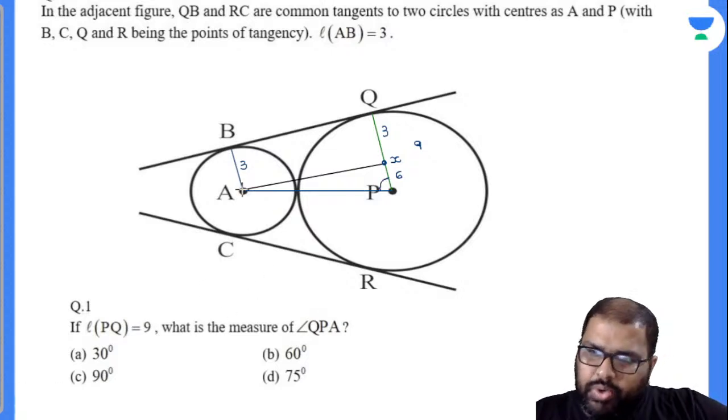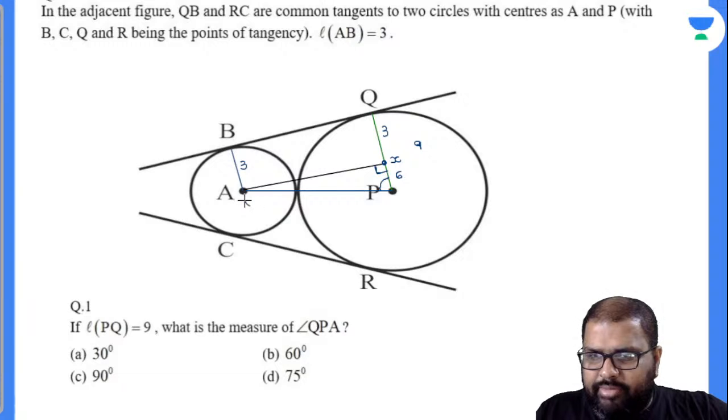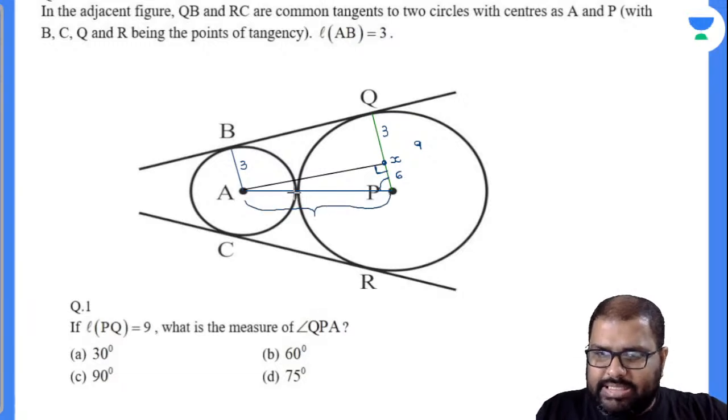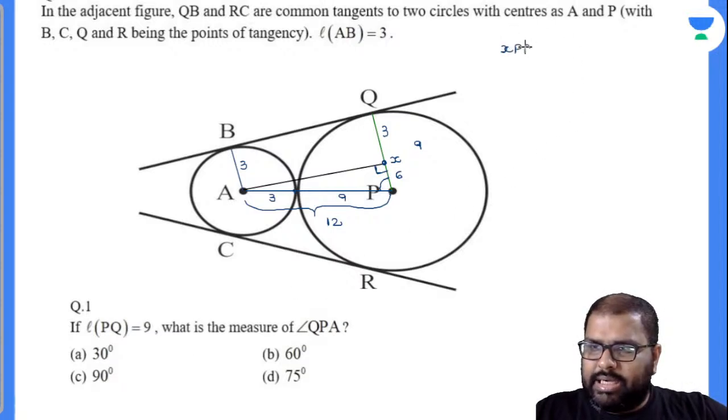Now everybody knows AX is a straight line, so automatically this angle will be 90 degrees. Now what will be the AP length? From A to this point it is 3. From this point to P it is nothing but the radius, 9. So totally it is 12. Now triangle XPA is a right angle triangle.